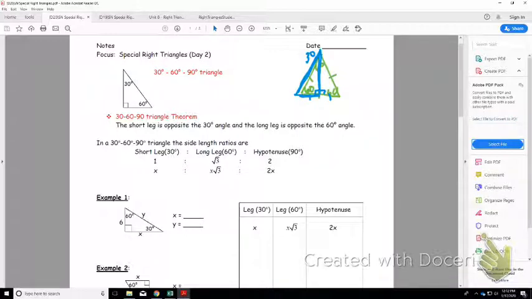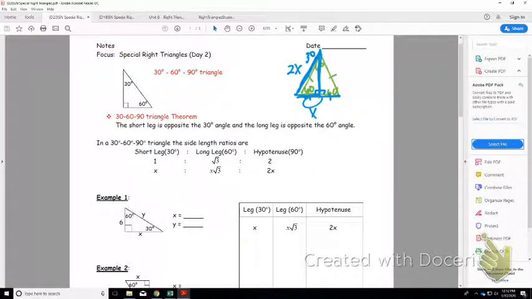If I took this and split it in half, what's the relationship going to be between this little leg here and the hypotenuse? The hypotenuse is always going to be what? Double. So if I had the value of x here, my hypotenuse is always going to double that.